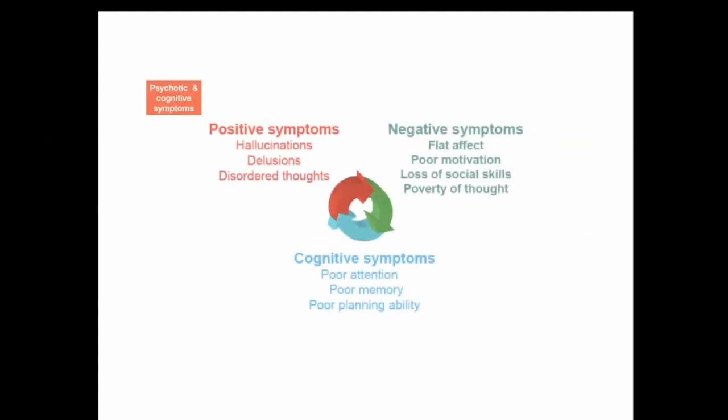So I'm the first person in this session. We haven't really talked about psychosis or what psychosis is, so I'm going to just give a very brief background for those of you who are a little bit less familiar. So when we're talking about psychosis, we're talking about the state that encompasses these positive symptoms, things like hallucinations, delusions, disordered thought, possibly the ones that people think of the most, but also negative symptoms, cognitive symptoms.